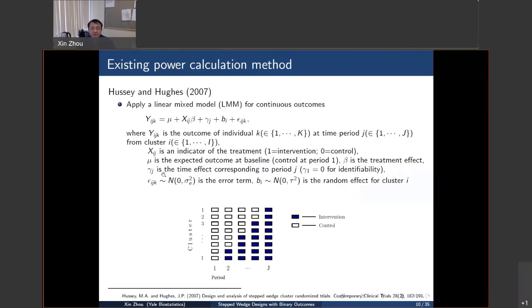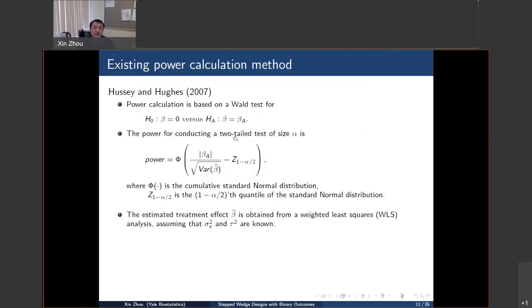Gamma_j is the time effect corresponding to period j, and epsilon_ijk is the error term. It follows a normal distribution with variance sigma_e squared, and b_i is a random effect for cluster i. It also follows a normal distribution with variance tau squared. According to this model, any individuals from the same cluster are correlated, and any individuals from different clusters are independent.